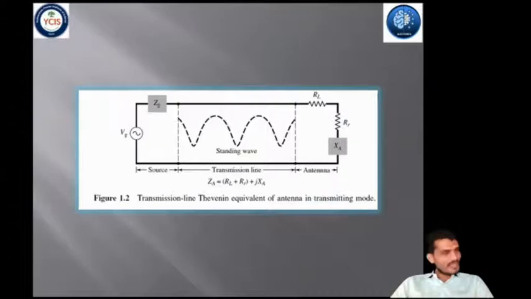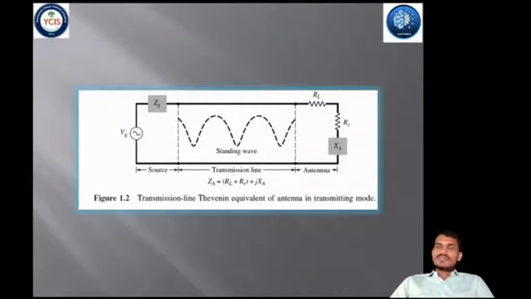Instead of an energy transmission device, it works as an energy storage element. So if the maximum field intensities of the standing wave are sufficiently large, they can cause arcing inside the transmission line.